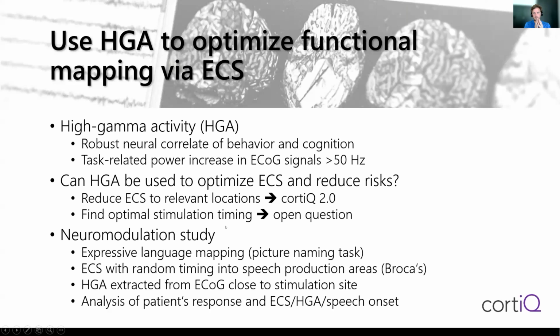During the phase where the picture was shown and named, randomly we injected ECS stimulation with a random timing into the speech production area, which was mapped beforehand. Close to the stimulation site, we extracted high gamma activity for analysis, because then we analyzed the response of the patient and related the speech onset to the timing of the stimulation and to the high gamma activity time course.